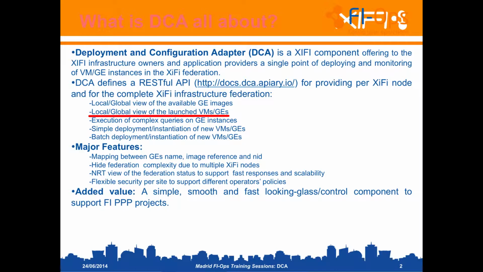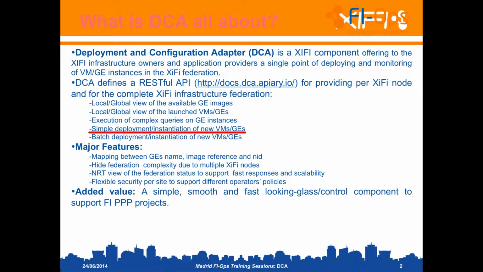Moreover, the DCA also lets the user construct complex queries, inserting some meta tags that can help to make a more specific query on the information that is stored in the DCA component.